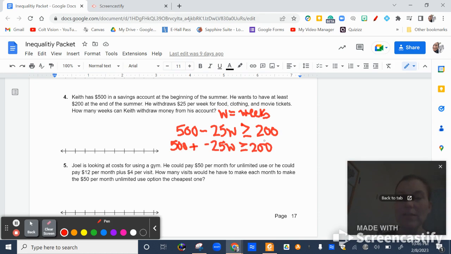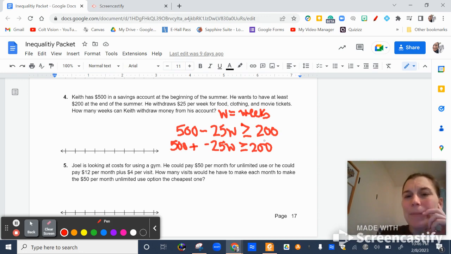That way, you're not as confused about what to do with the 500, because when that subtraction symbol is behind the 500, sometimes we like to add 500 to both sides, but we don't want to do that here. We don't want to add 500 because we know he never actually has $700 to spend. So if I added 500 to both sides, I would have 700, and that's not right.